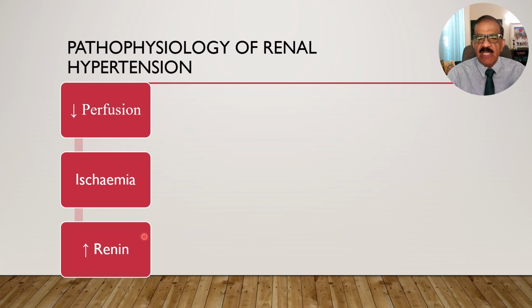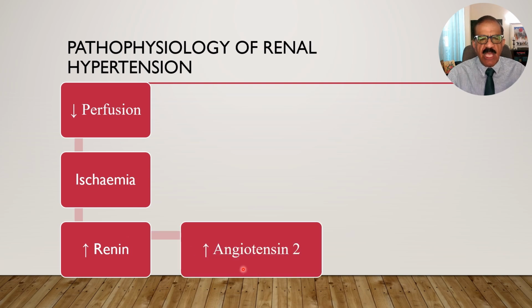And this would lead to production of renin. Renin is a hormone produced by the kidney. It can split angiotensinogen into angiotensin 1, and then angiotensin 1 can be converted into angiotensin 2 by angiotensin converting enzyme. So this happens in the liver as well as elsewhere and mostly in the lungs. So as a result of increased renin production, angiotensin 2 is increased.